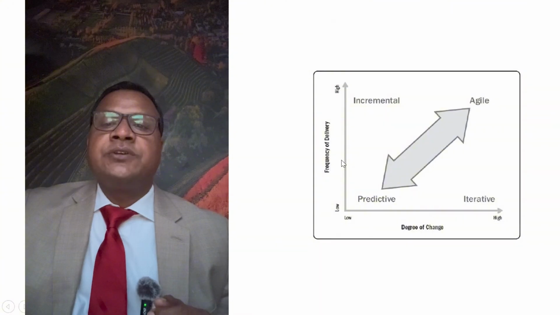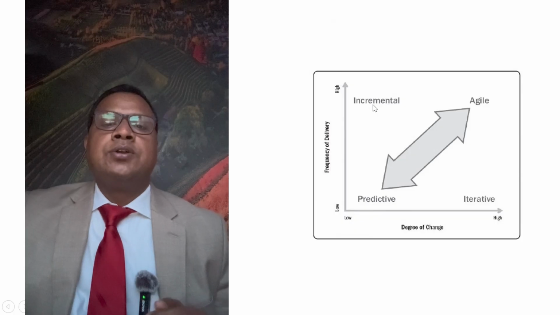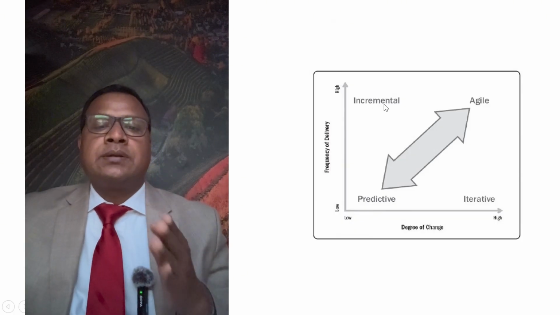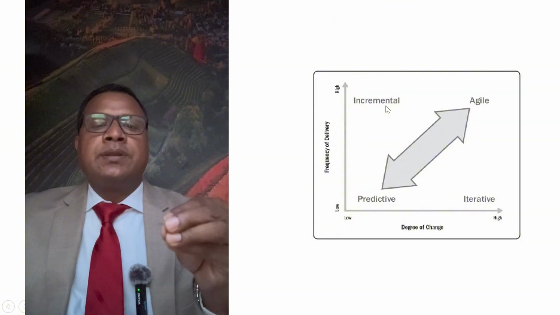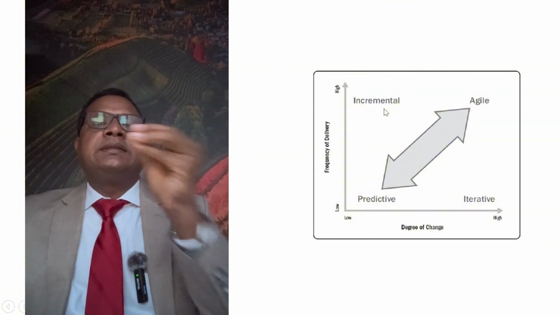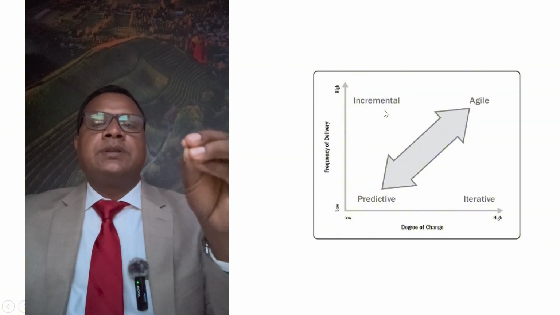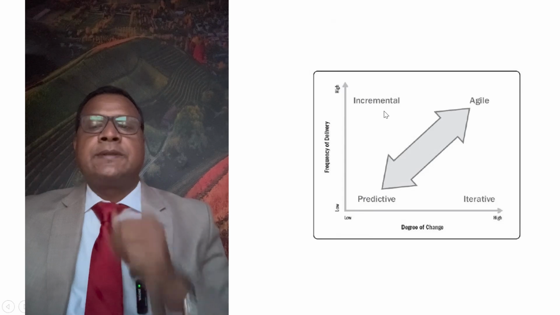But when the frequency of delivery is high and the degree of change is low, we call it incremental. So you deliver the product incrementally. Once you give a delivery, you get feedback, then you give another part of the delivery. So it's an incremental process.